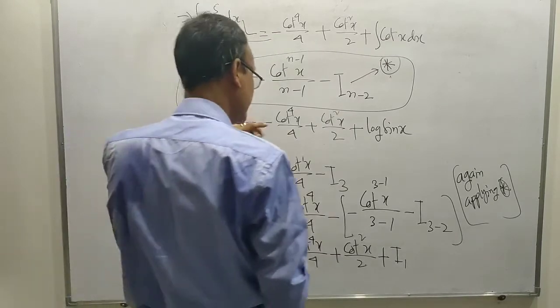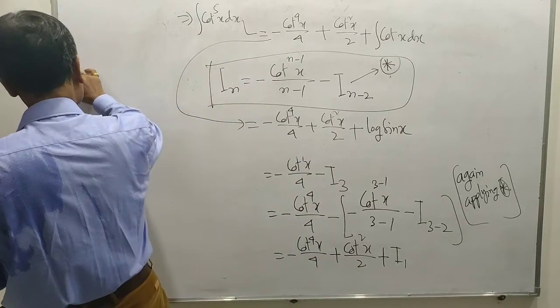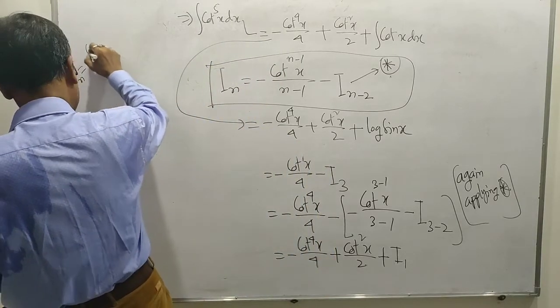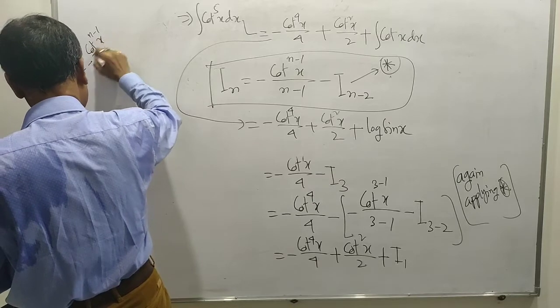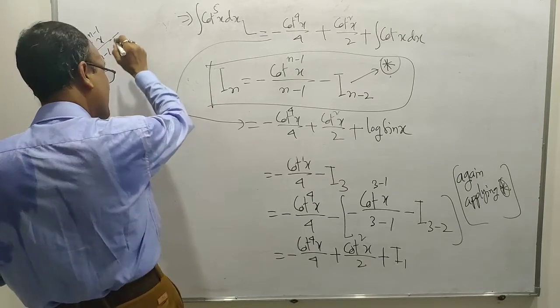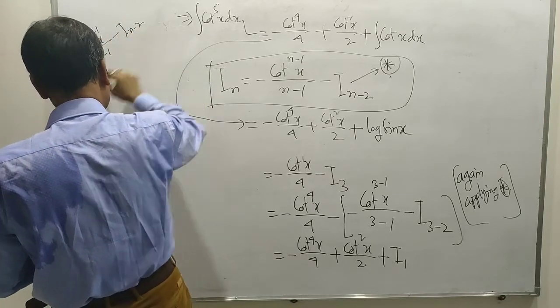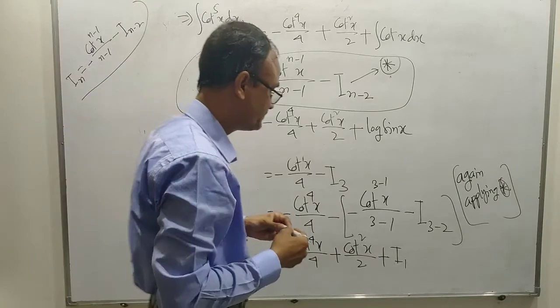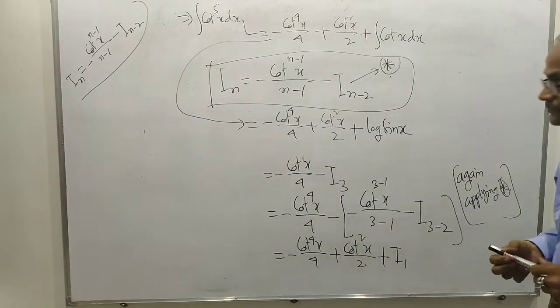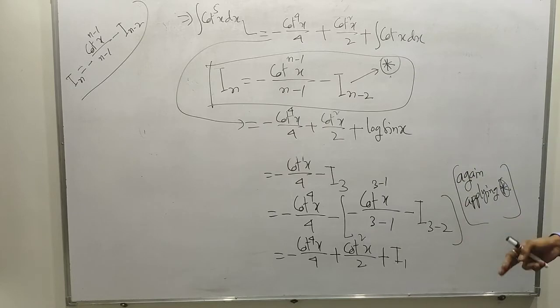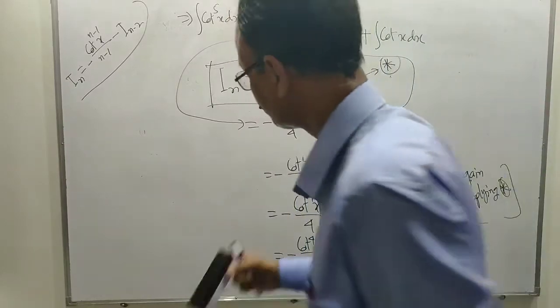I am writing this as minus cot to the power n minus 1 x divided by n minus 1, minus I n minus 2, which will be applied later on.